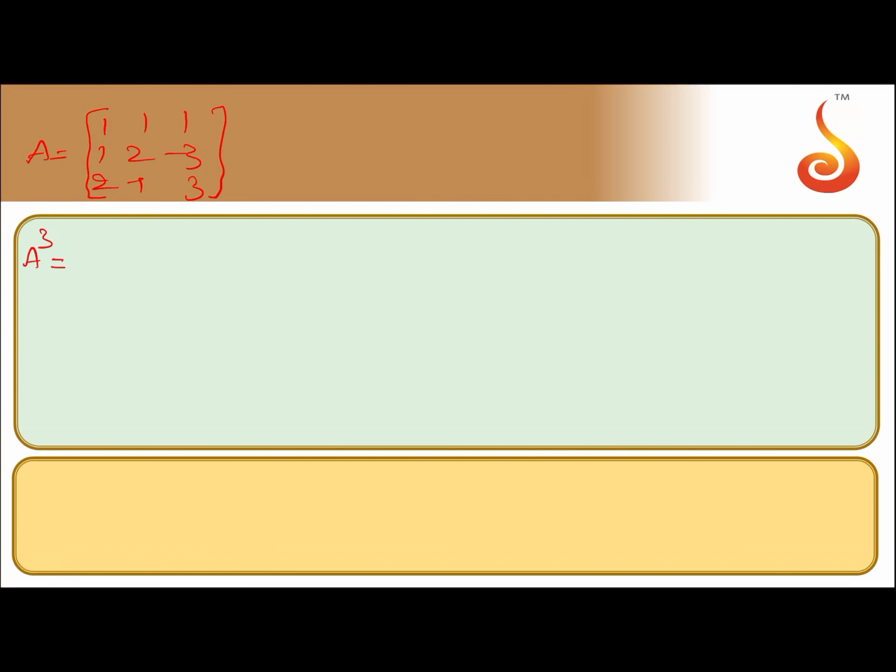Let me evaluate A cube, which is nothing but A square into A, so it is A multiplied by A square. So A multiplied by 1, 1, 1, 1, 2, minus 3, 2, minus 1, 3. Multiply by 1, 1, 1, 1, 2, minus 3, 2, minus 1, 3.